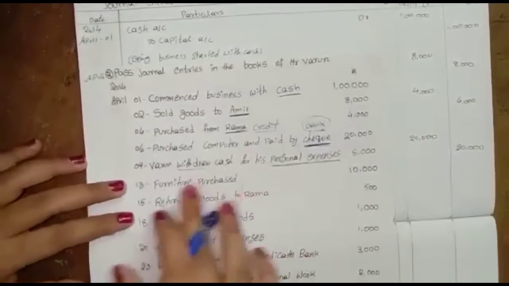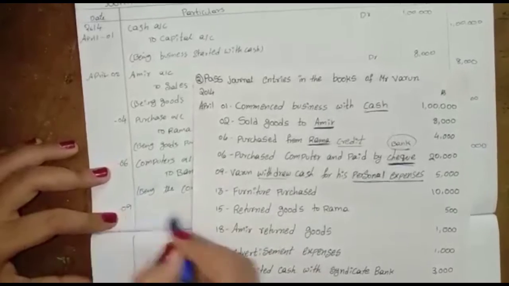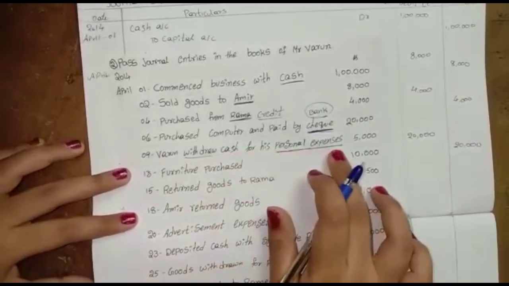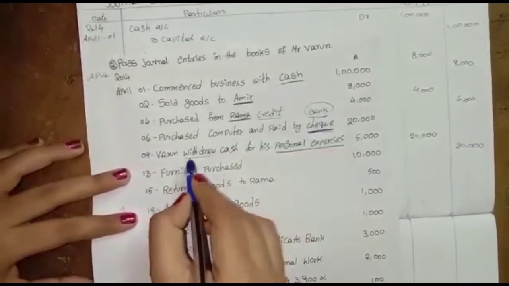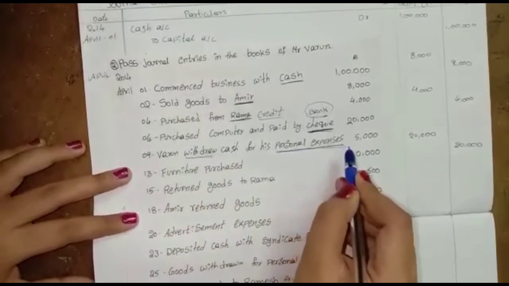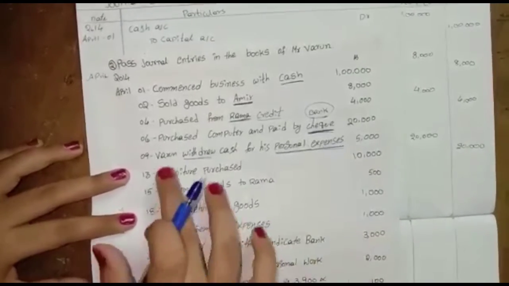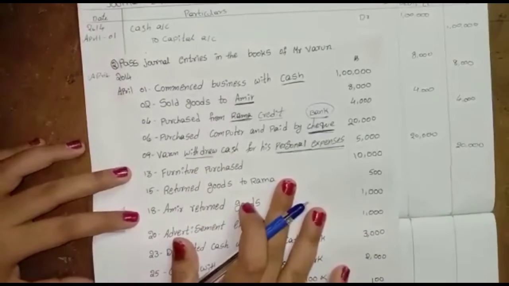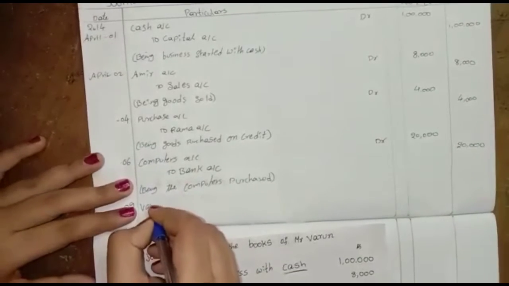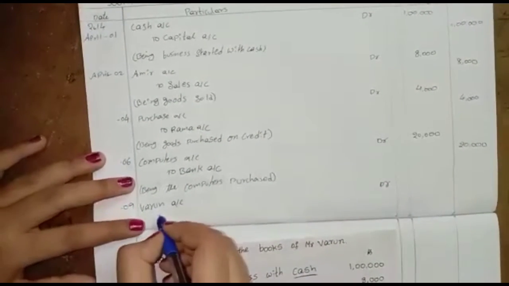And next, what's the next transaction? On April 9th, Varun withdrew cash for his personal use. He withdrew cash for his personal expenses. So it would be written as drawings account. We are writing Varun's account, right?